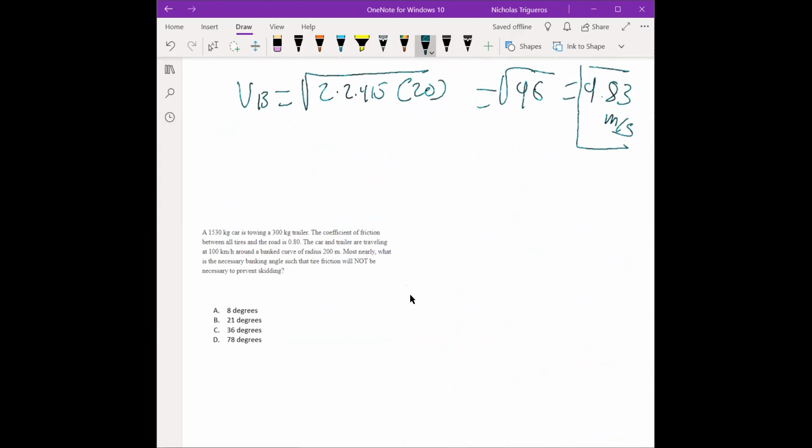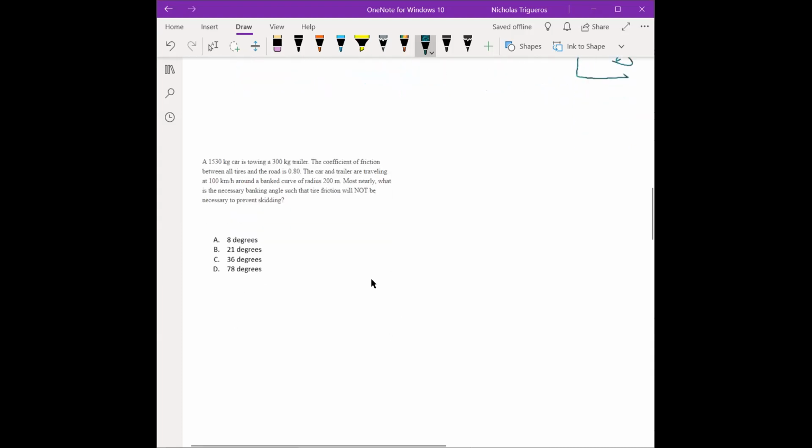Okay. Like this one. This one is fun because it looks like it could be really complicated, but if you know just one equation, it's very simple. I can tell you what I would do if I didn't know this equation, but you have this heavy car, and it's towing something that's also heavy. We have friction, it's moving along a curved road.